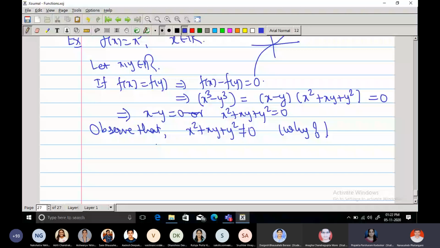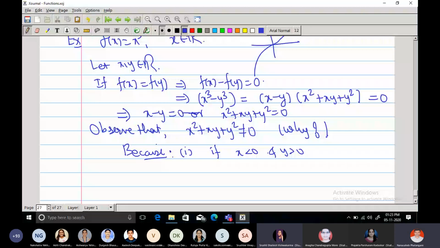Because you can make cases: if x is negative and y is positive, what will happen? x square and y square will be positive and xy will be negative.